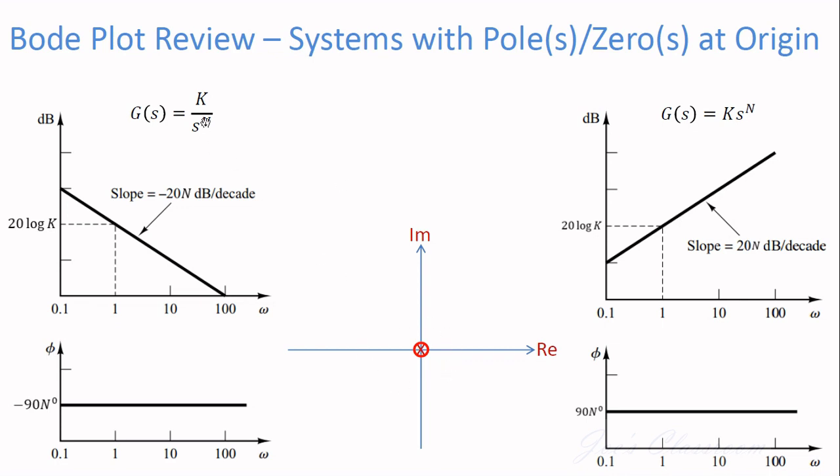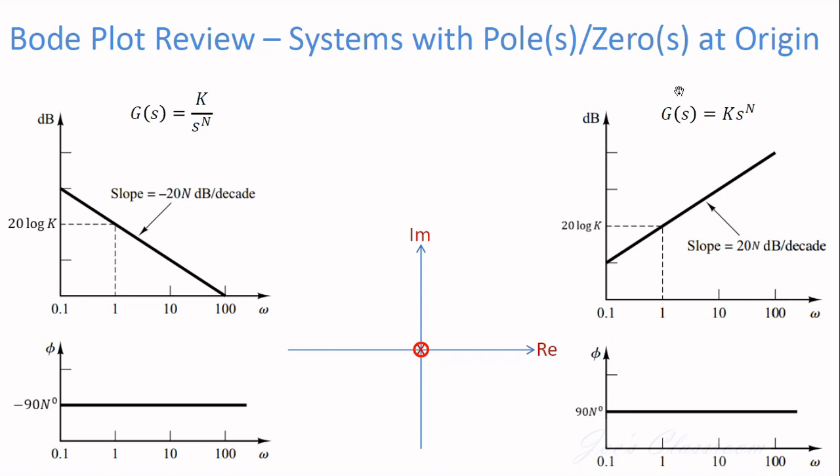If there are poles at the origin, then the Bode magnitude plot is going to be a straight line with a slope of minus 20 n decibels per decade, where n is the number of poles at the origin, and it will be passing through 1 comma 20 log k, where k is the open loop gain.